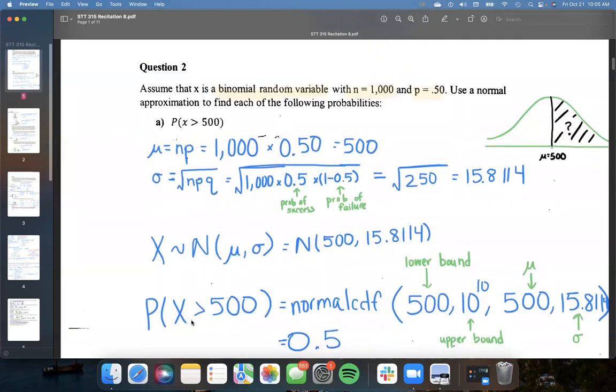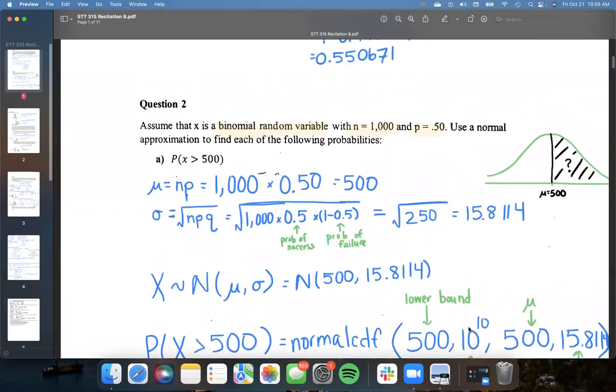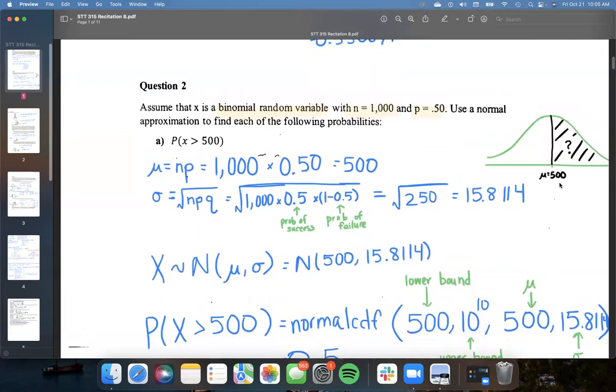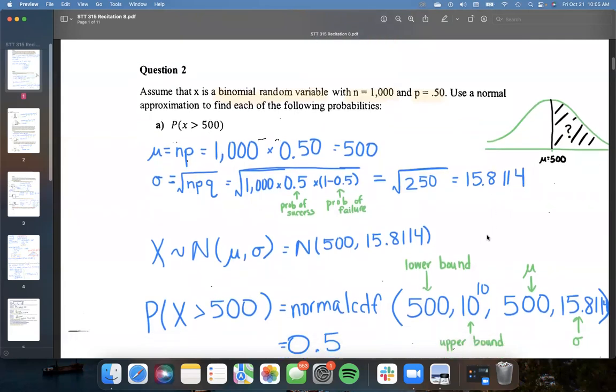So for the probability that x is greater than 500, we're going to do normalcdf in our calculator. Our lower bound is 500, and our upper bound is infinity, so we use 10 to the 10. Then our mu is 500, that's our mean, and our standard deviation is 15.8114. When you put that in your calculator, you get 0.5.